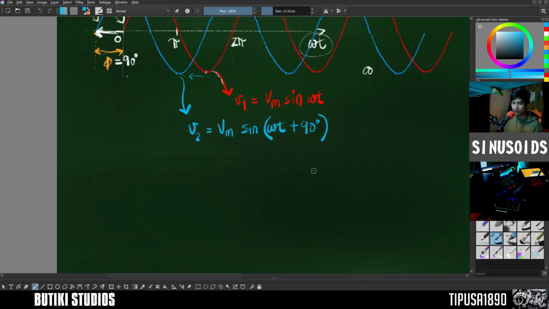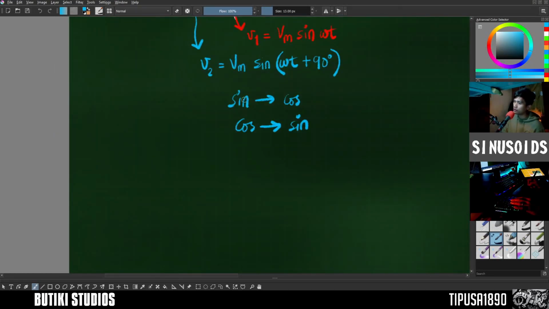Padulong na ta karon sa next nga kinahanglang liwaon, which is expressing sine as cosine or expressing cosine as sine. How can we interchange or how can we express one function in terms of another function? Well, dili kinahanglan nga memorize nimo na, but dunay masayon nga graphical approach.